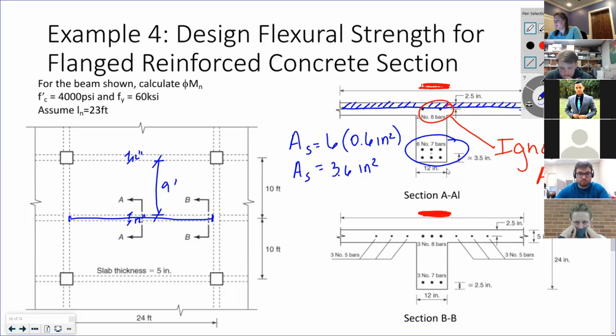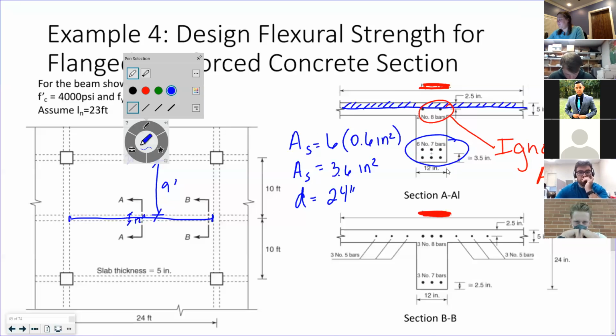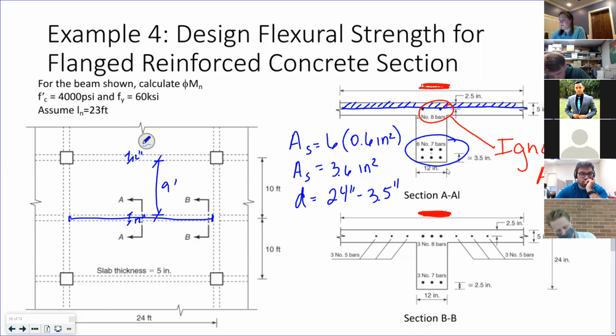The centroid is about 3.5 inches from the bottom. So d is 24 inches, which is the entire height, right? Extreme compression fiber to the bottom of the beam is 24 inches. So I'm going to subtract 3.5 inches. So d is 20.5.